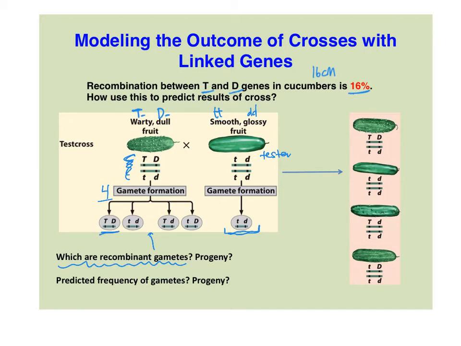This first one and the second one contain chromosomes that look just like the 2 parental chromosomes, whereas these right-hand gametes contain a different genotype or a different combination of alleles than what's seen in the parent, big T, little d, little t, big D. So that means these right-hand gametes are the recombinant gametes, and the left-hand gametes are the non-recombinant gametes.